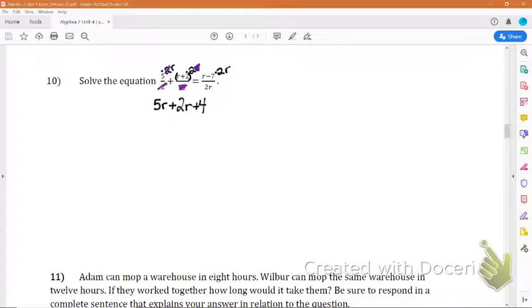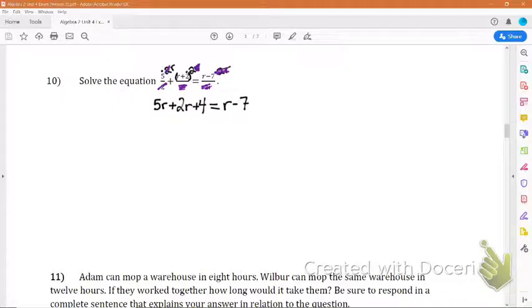So 2r plus 4. So I can go ahead and cancel 2r, right? And I'm left with r minus 7. On the right side, you're going to cancel your 2r with your 2r, and you're left with the r minus 7.